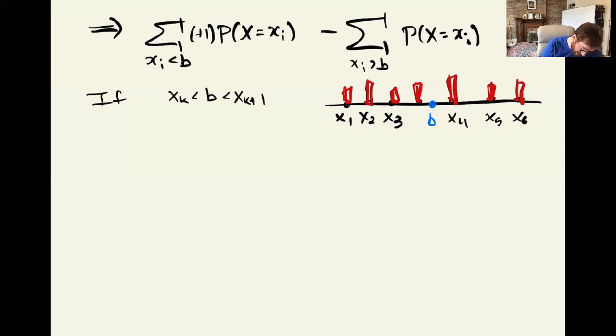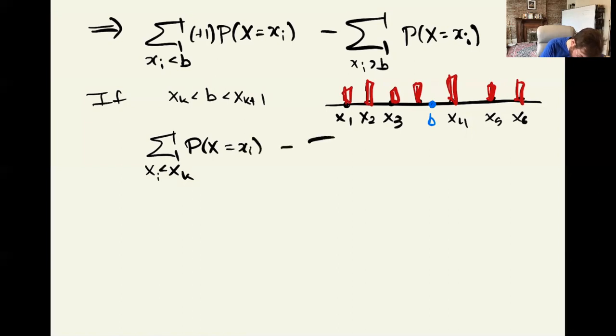But anyhow, let's go ahead and just write this out formally. What does this look like? Well, this looks like the sum over xi less than, let's say, xk, because again, I'm assuming that b is between two values, times the probability that X equals xi.